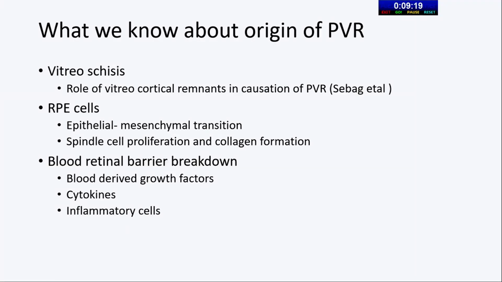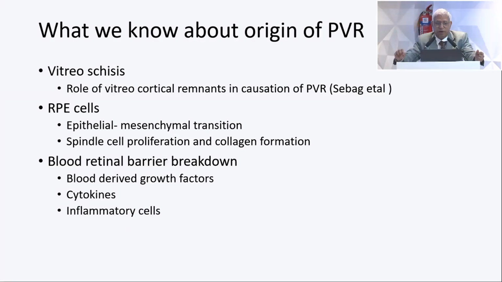So first, about the origin of PVR, you were already introduced to it in the introductory comments of Dr. Paritosh. But I thought we'll make it a little more elaborate, in the sense that the contribution to the origin of PVR is not just the retinal pigment epithelial cells, but even the process of vitreoschisis, or the so-called anomalous vitreous detachment, leaves behind vitreocortical remnants, which can also result in the PVR process.